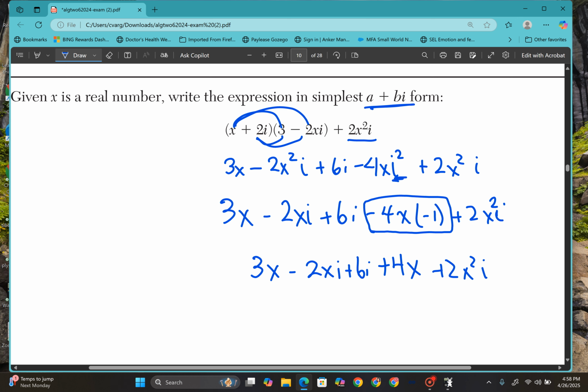I can't forget the squared right here. So this negative 2x squared i and this positive 2x squared i conveniently cancel each other out. Then we have 3x plus 4x, which gives us 7x, and then this is plus 6i. And it looks so far that that is going to be our answer.